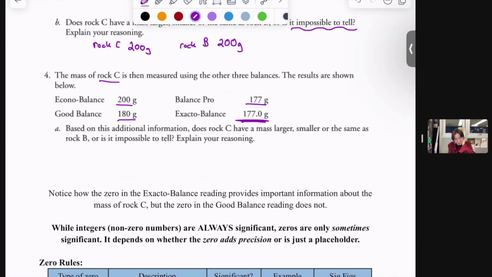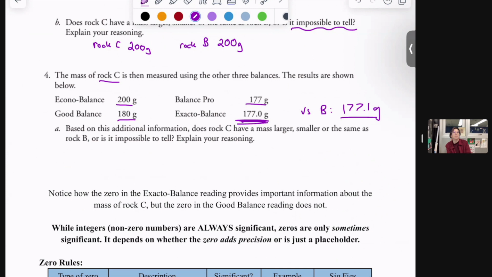So now that we know that, we can tell, okay, so we're comparing 177.0 versus B that has 177.1 grams. Comparing this number to this number, can we tell which one's bigger now?